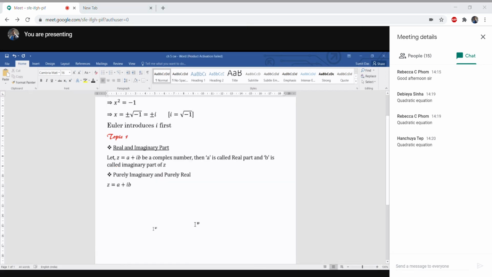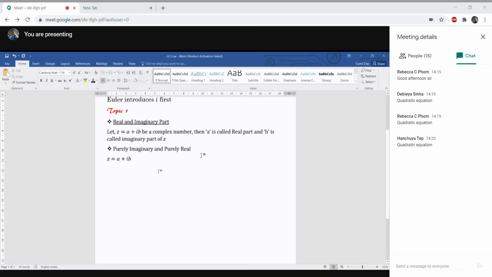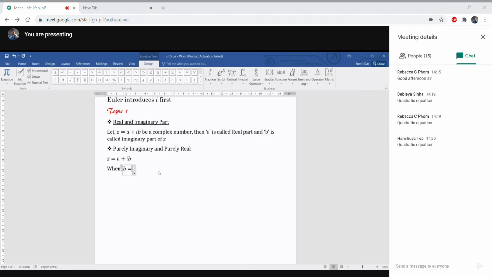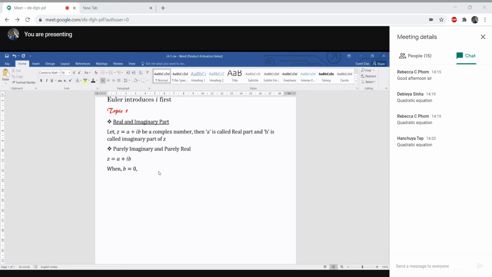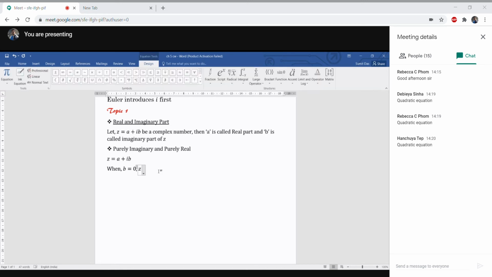Here, suppose b equal to 0, what will happen? What will be the value of z when b equal to 0? z equal to a plus i into 0, which is basically a, right?